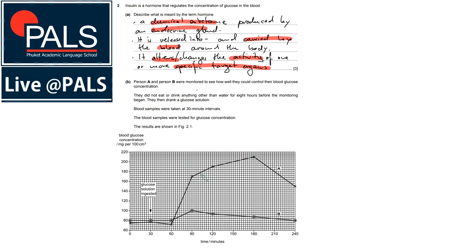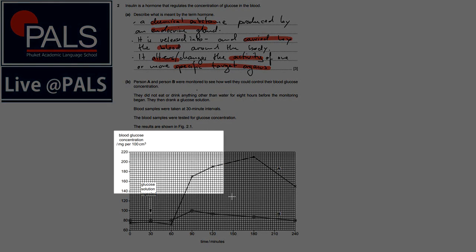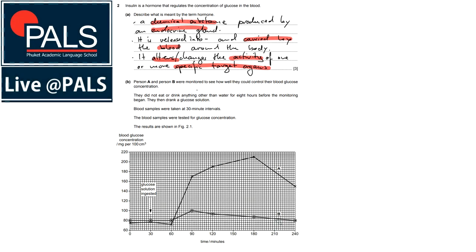We can see that we have 2 persons and 1 person can regulate the glucose concentration quite well, so it just rises a little bit and then fairly quickly decreases back to normal, or almost doesn't increase at all.